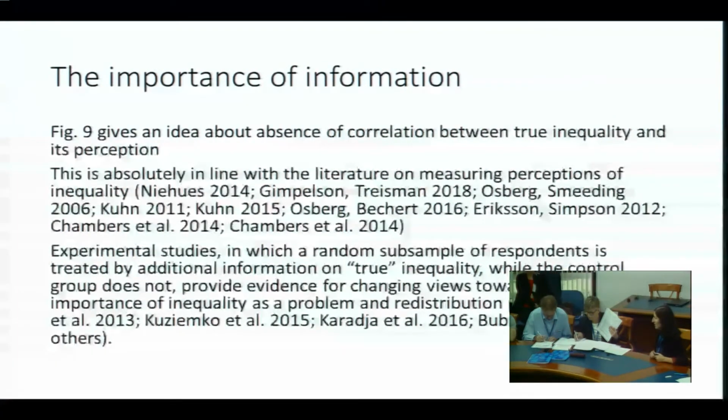And finally, just to support the importance of work that is done by a statistical agency. I think this is now a quite fast-developing field of literature, on how people actually perceive economic reality, and many different papers show that people know very poorly the true state, for example, of income inequality.